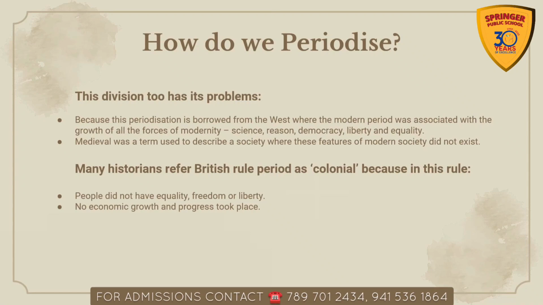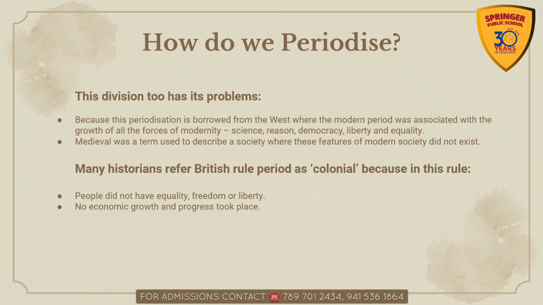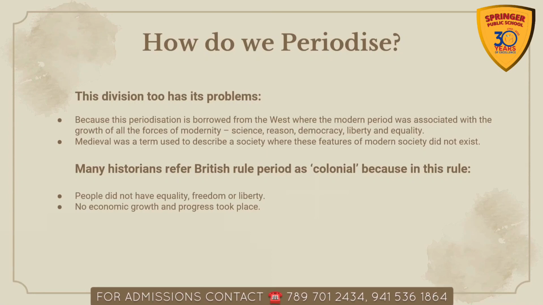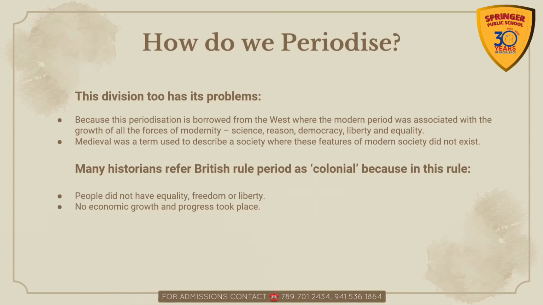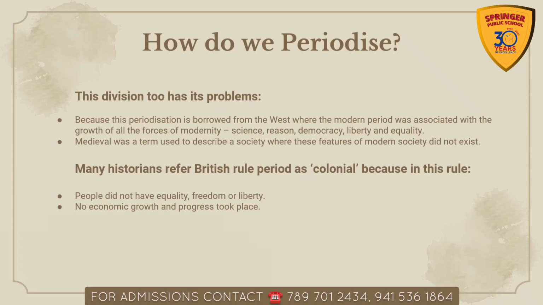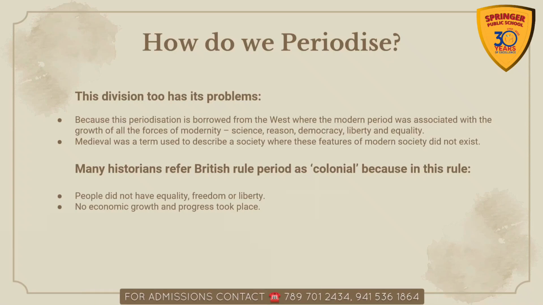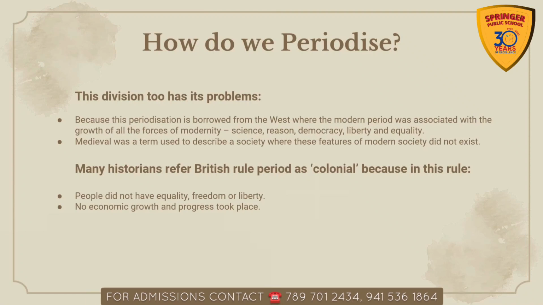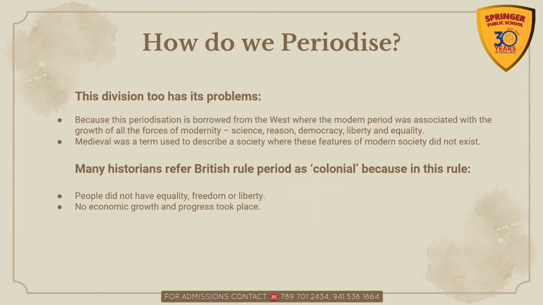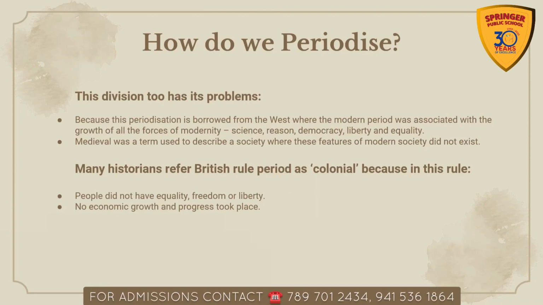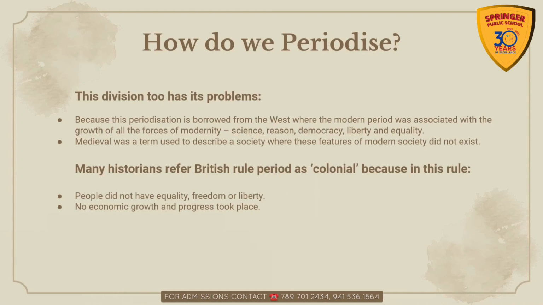Medieval was a term used to describe a society where these features of modern society did not exist. Afterwards, many historians refer to the British rule period as colonial because under this rule people did not have equality, freedom or liberty. No economic growth and progress took place either, right?